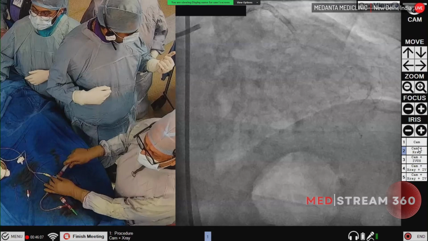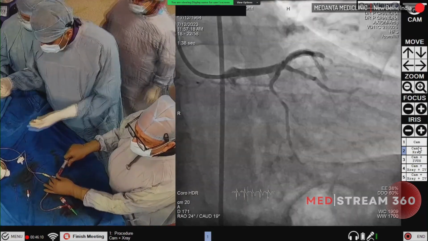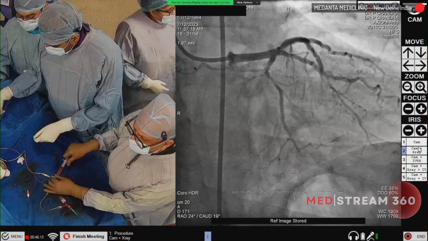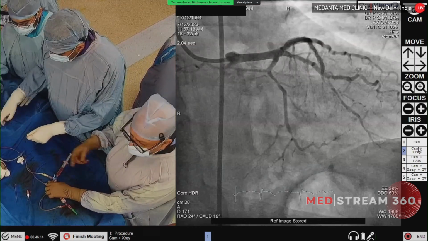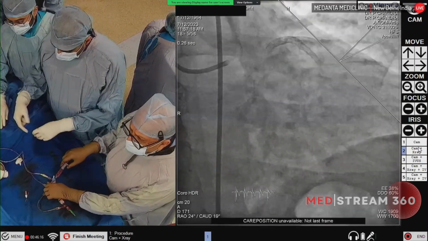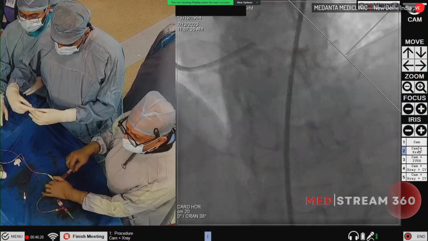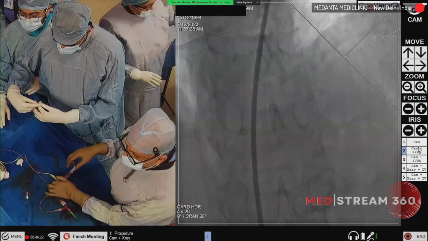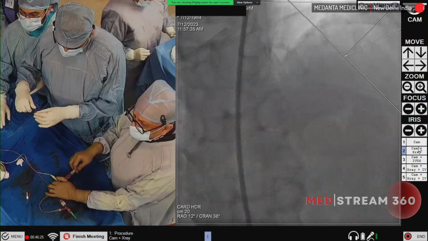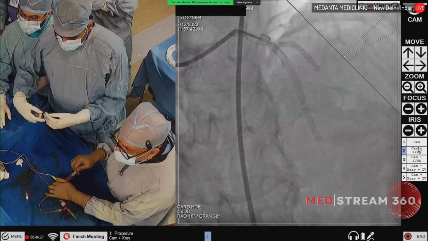So the stent is flowing nicely, but just distal to the stent, there is a disease which you can see. Epicranial, please. This from the proximal stent, and into this RAO, please. A little bit RAO. Yeah, that's better.